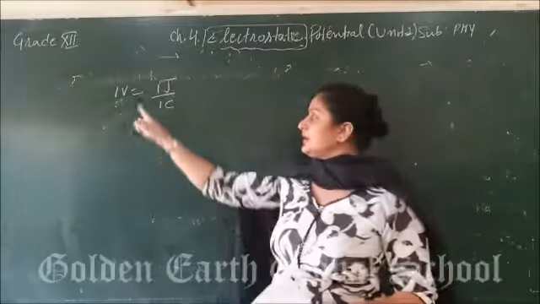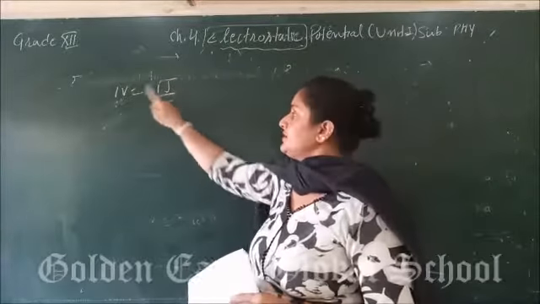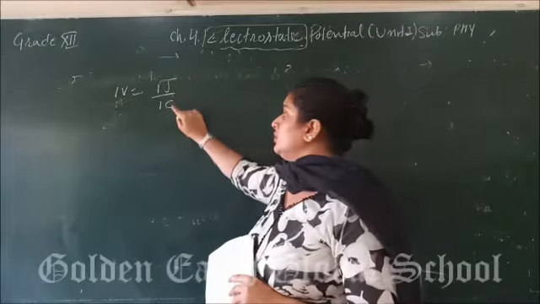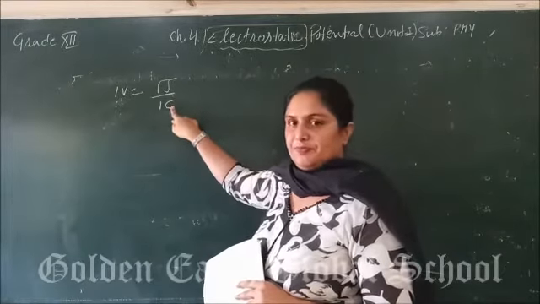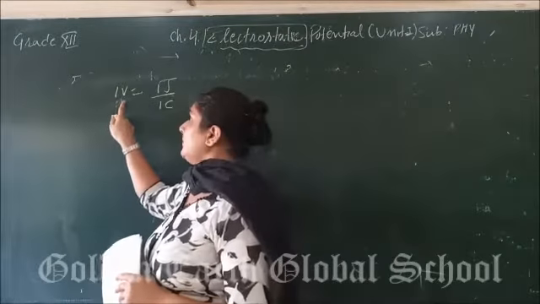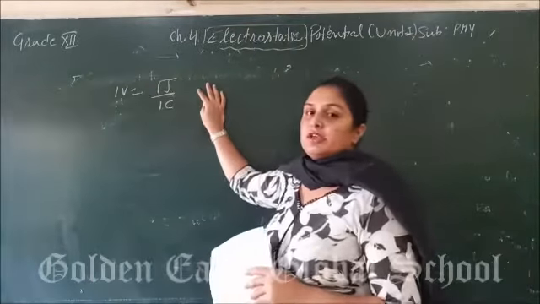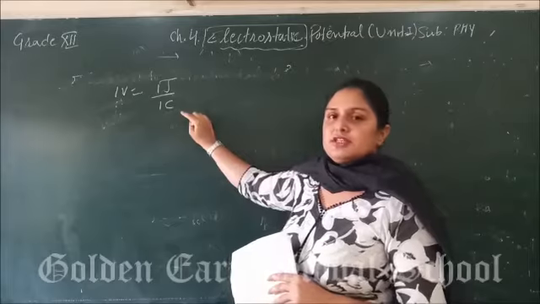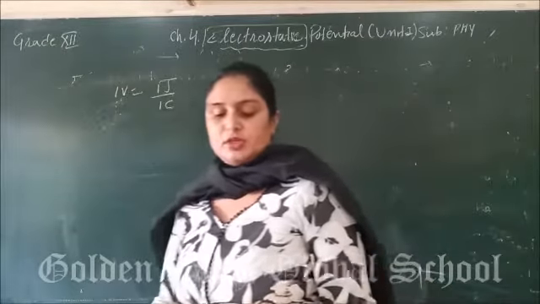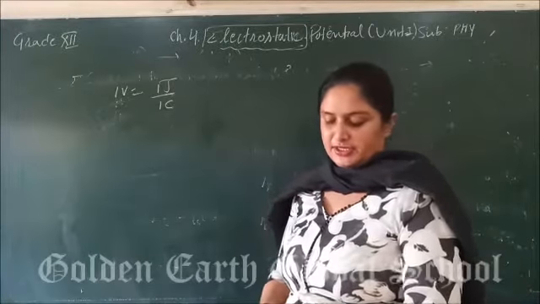The potential difference between 2 points is said to be 1 volt if 1 joule of work is required to move the charge of 1 coulomb. Similarly, the potential at a point is said to be 1 volt if 1 joule of work is required to move the charge of 1 coulomb from infinity to that point. So this is the electrostatic potential due to point charge.